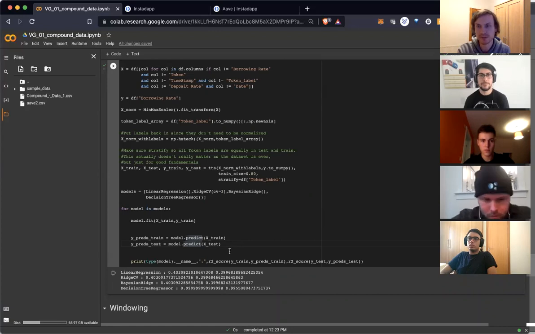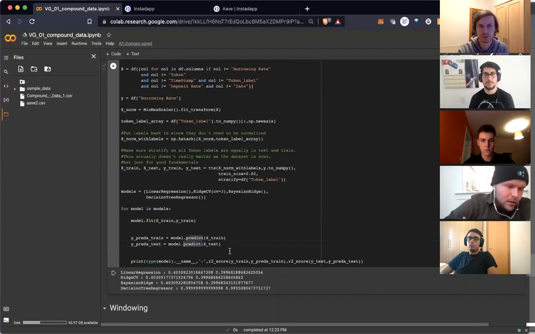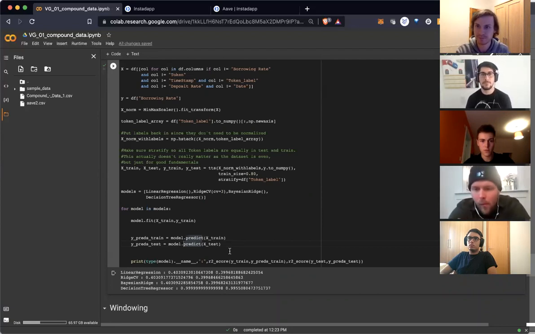If we had 100 time steps and chose a 10% test set, it would choose 10% of those time steps randomly distributed within that 100. Does that make sense? So it might be the case that for one of the time steps in your test set, you actually have the time step before it and the time step after it, which makes it a really easy problem to figure out the time step in the middle.